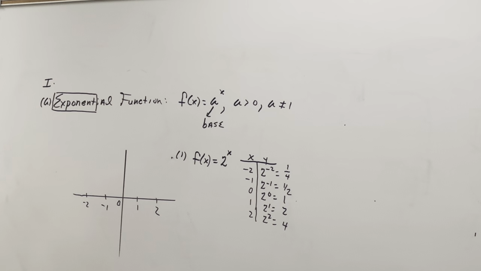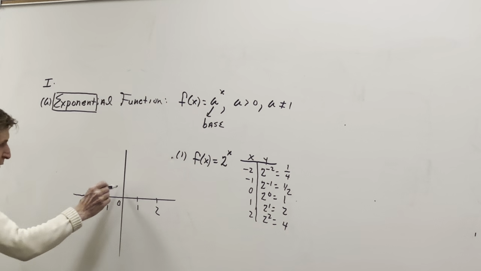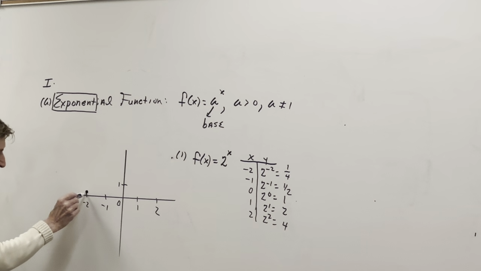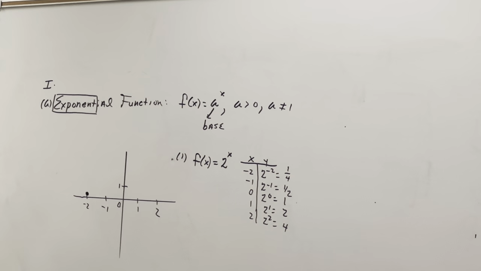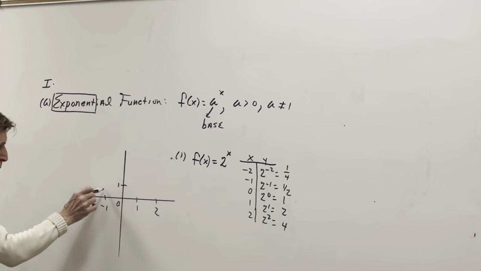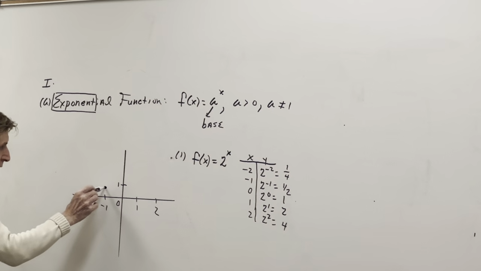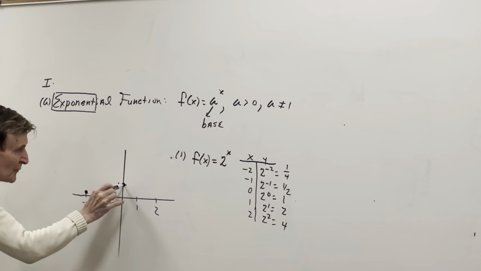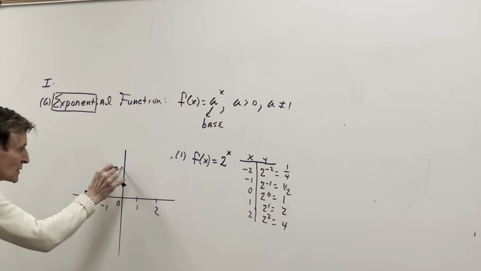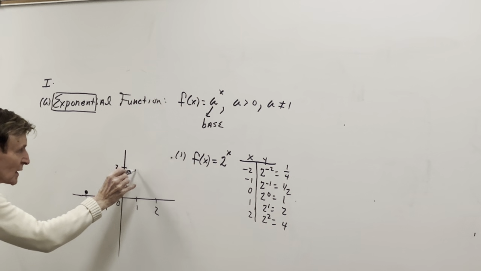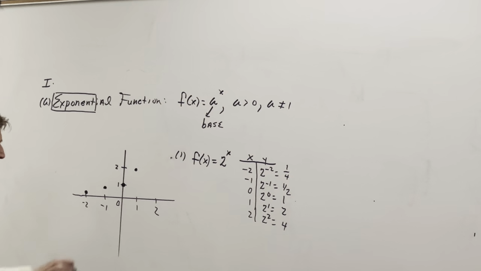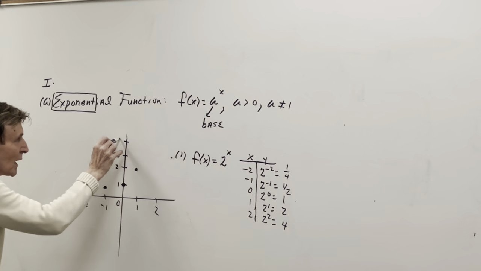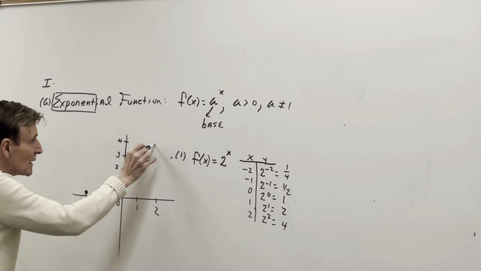Now, -2 goes up 1/4, barely above the x-axis. -1 is a little higher, so that's 1/2. 0 is up to 1. 1 is up to 2. And 2 is all the way up to 4.